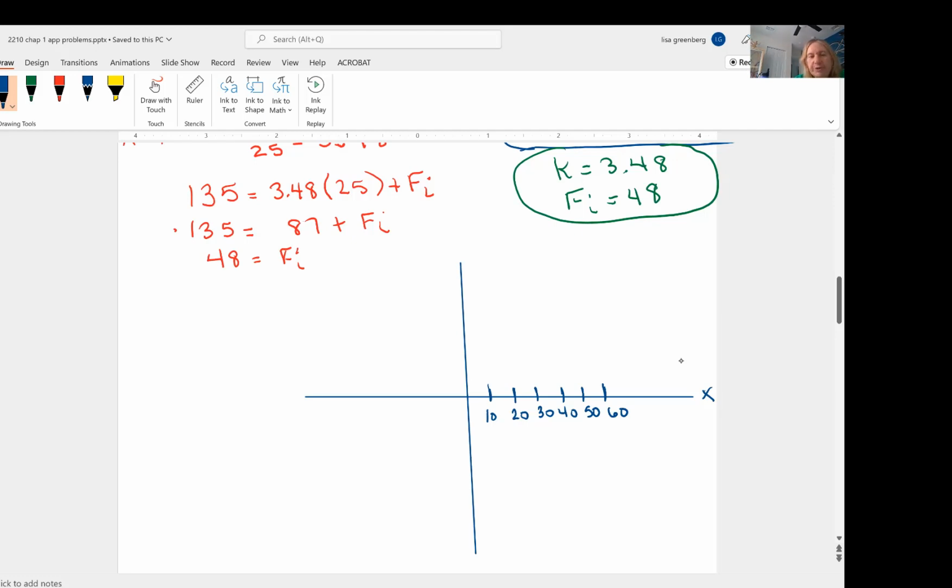And since our numbers for our y values or our f values are up to 200, I think what I'll do is I'll make these in 50s. So let's make this a 50. We can make this 100, 150, 200, and 250.